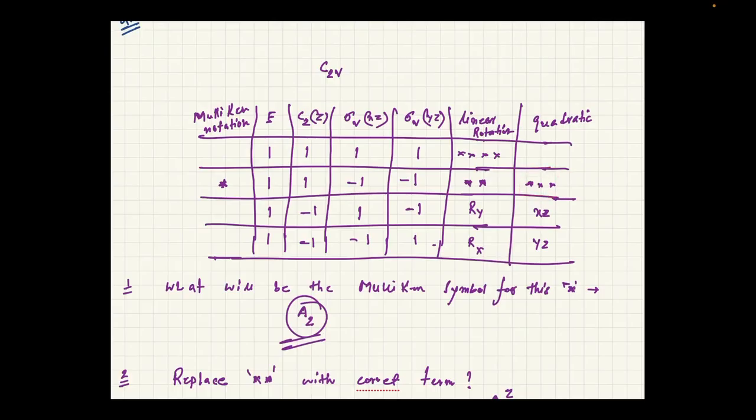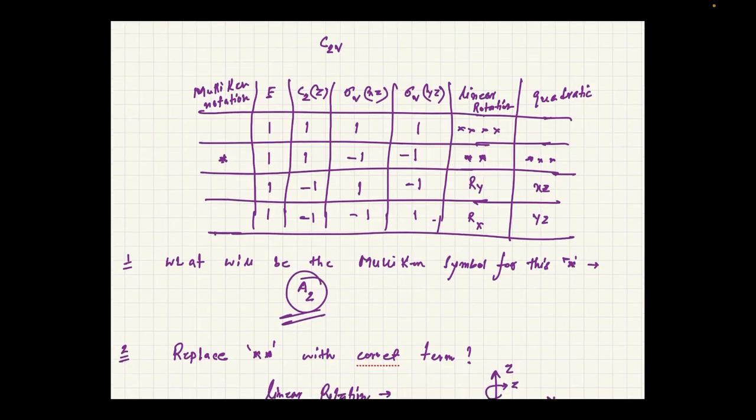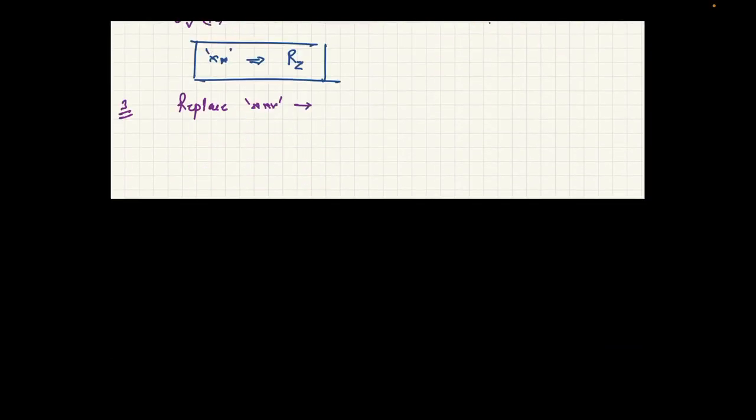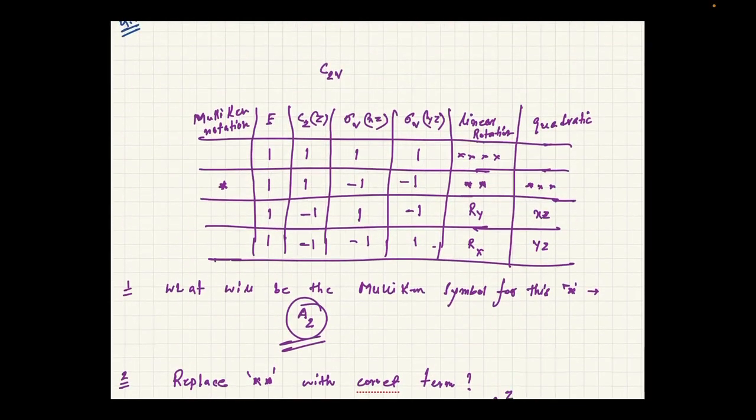This is the quadratic one, that means binary products of basis functions, or Cartesian coordinates. We know all the characters after performing the operations: 1 1 -1 -1. Then we have to just replace this.